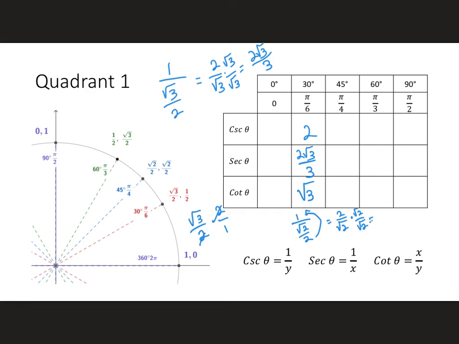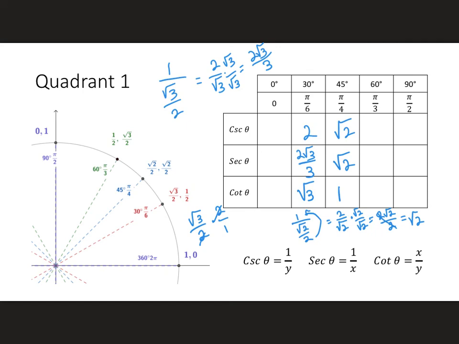Okay, so we have 2 times the square root of 2 over 2. We'll cancel that, and we'll just have the square root of 2. Oh, that was easy. It's just the square root of 2, I should say. And the one good thing about that is the secant and the cosecant will be the same because it is isosceles. And the square root of 2 divided by the square root of 2 is still 1. So that works for 45.